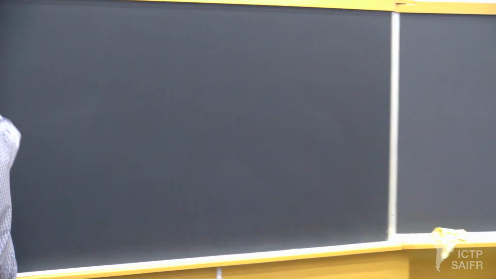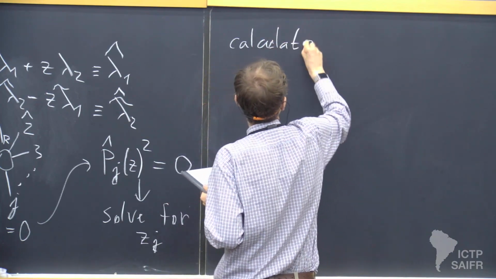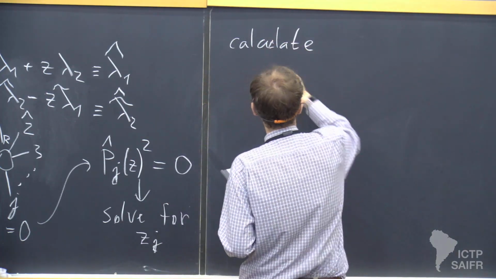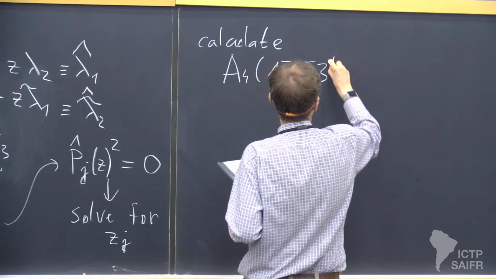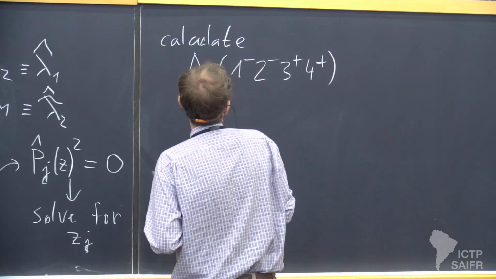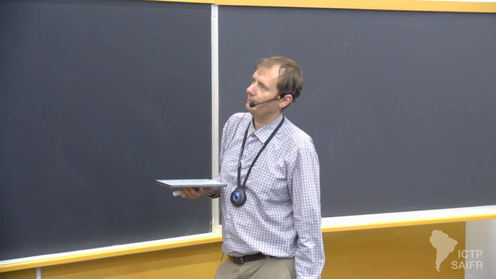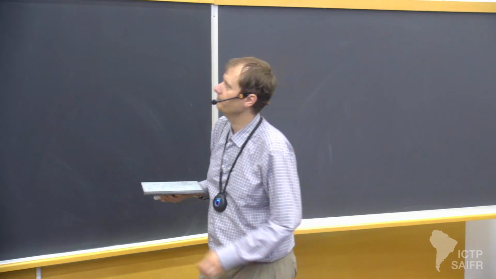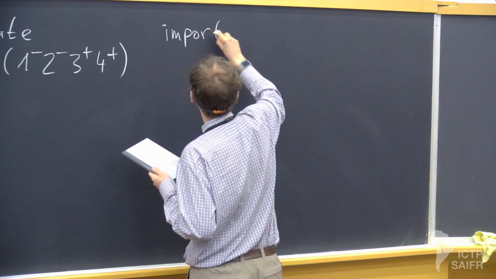Let's calculate the first non-trivial amplitude for gluons, which is the 4-point amplitude A4, 1 minus 2 minus 3 plus 4 plus. Now, remember, when we use this Cauchy's formula, it was important that the amplitude vanished at infinity.